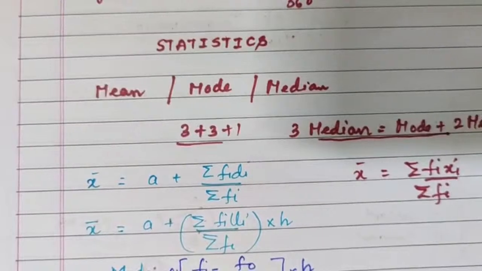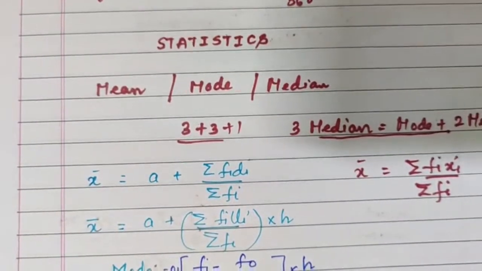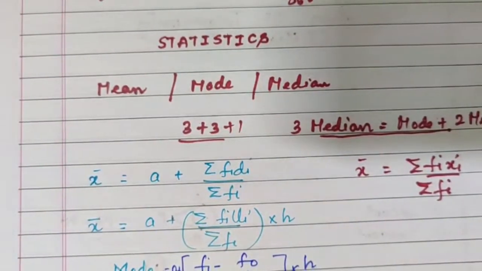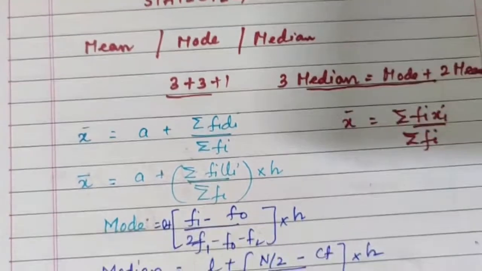So let me quickly recap what you can expect from the unit statistics. Mean, median, mode for 3 marks plus 3 marks, 2 questions will be there, and based on the empirical relation for 1 mark, 3 median equals mode plus 2 mean. Finding out the mean by direct method, that is mean equals sigma fi xi by summation of fi.